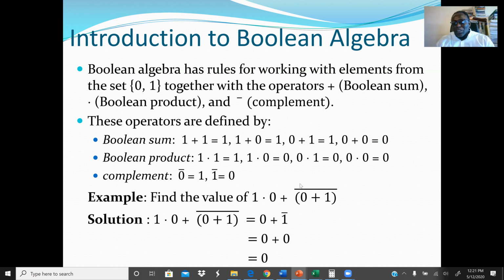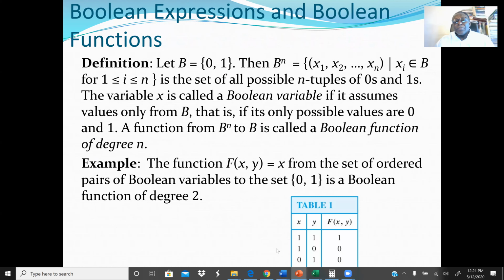So that means everything here, 0 plus 1 complement, the answer will be 0. Then we know that 1 times 0 is what? 0. 1 times 0 is 0. So the answer here will give us 0. So here we can see 1 times 0 is 0. Then 0 plus 1 is 1 with the complement. Now the complement of 1 will give me 0. So 0 plus 0 is 0.